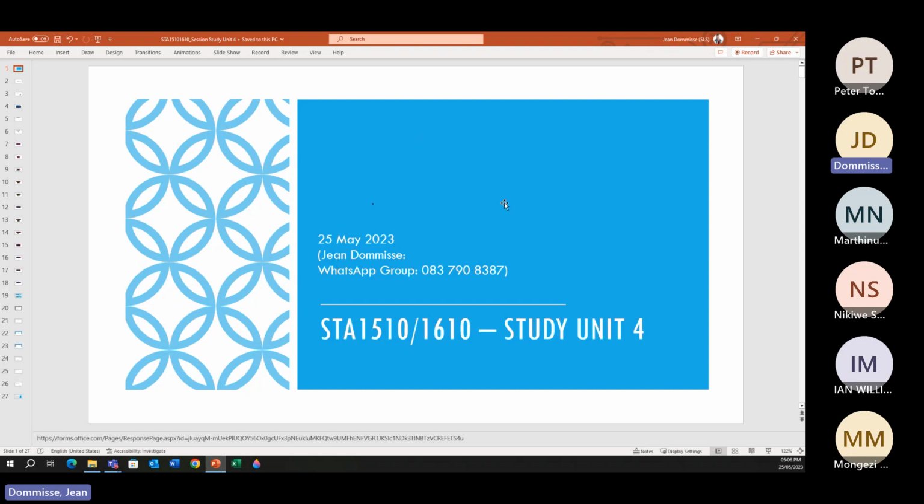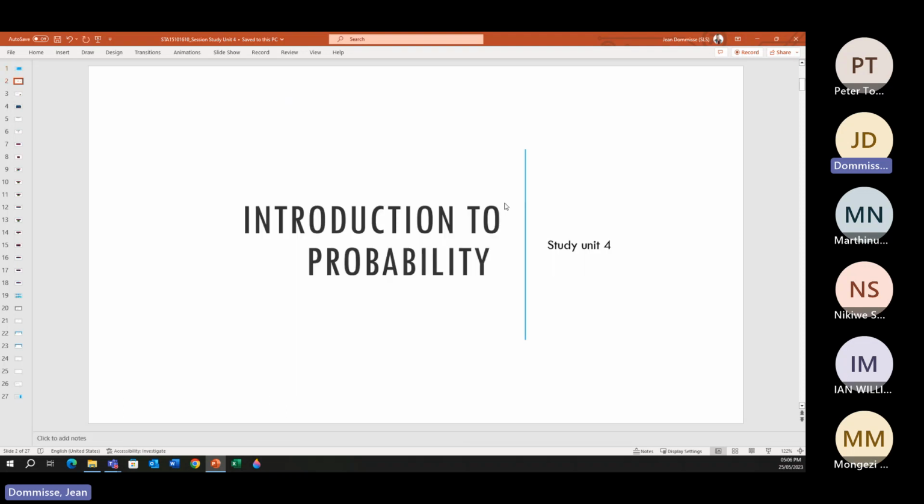Now we're moving into probability, and for the next few weeks we will look at different forms of probability.